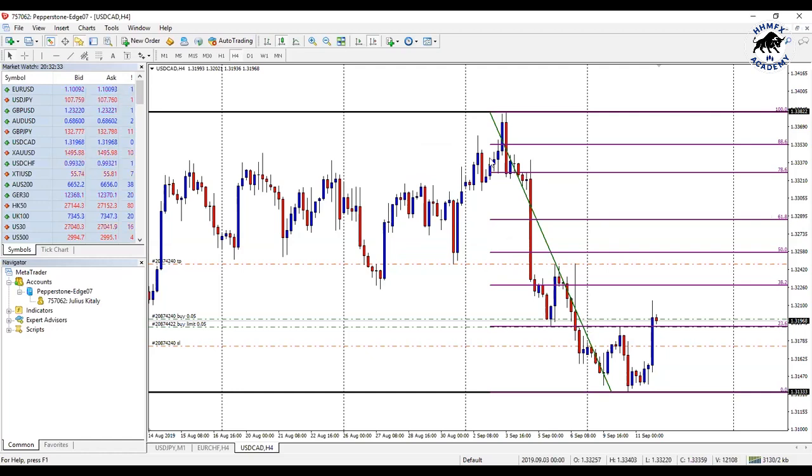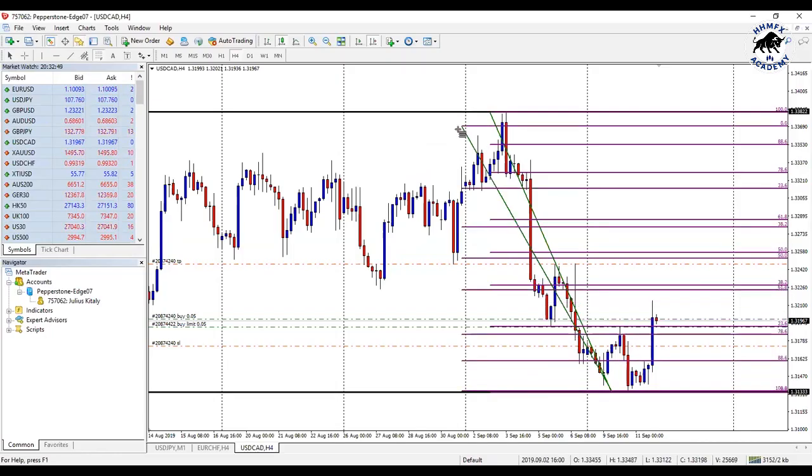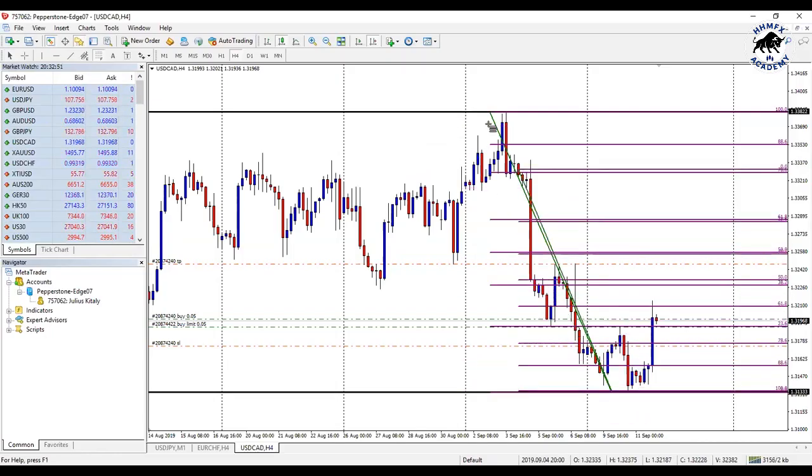But how do you know this one is strong support or resistance? To know the strong support and resistance on these levels, you need to draw opposite of retracement. You draw from the bottom to the top.